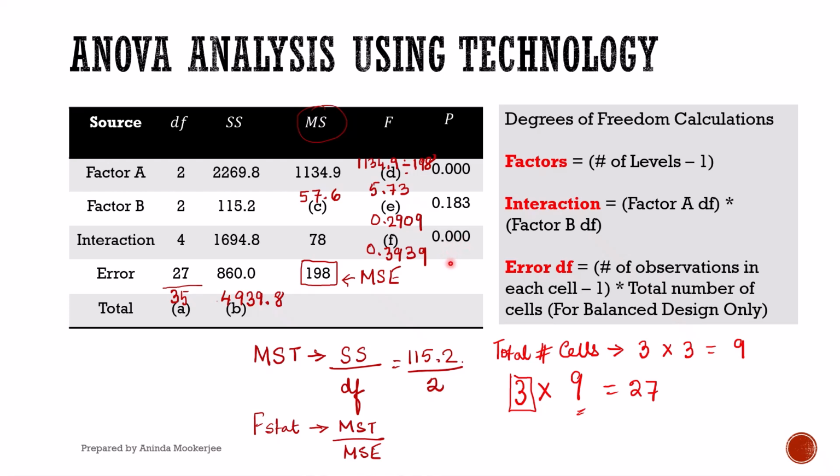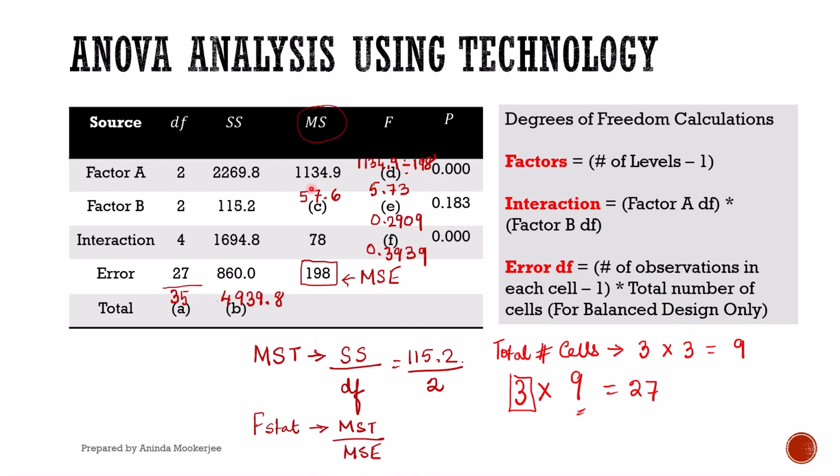And here are the corresponding p-values for factor A, factor B, and interaction values. We see that factor A p-value is pretty low. It's 0.000. So is the interaction factor. But for factor B, the p-value is pretty high, 0.183. So we do not reject the null hypothesis in this case.